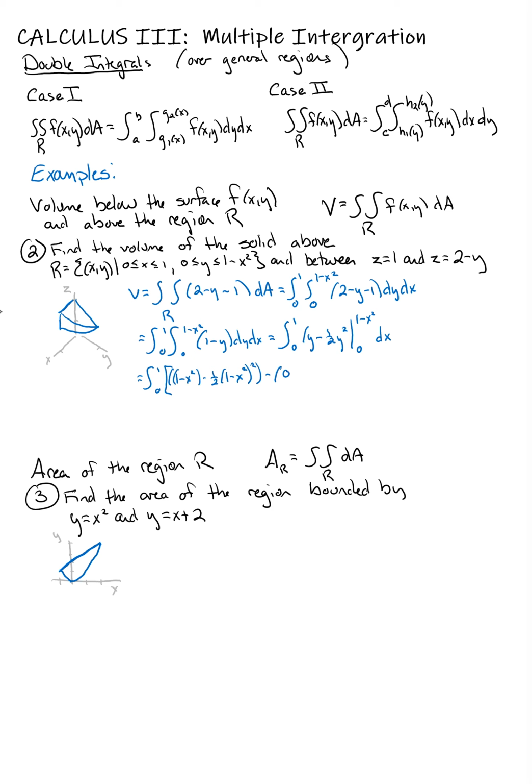That's going to be 0 minus 1 minus 1/2. No, actually, I guess I don't need to do all of those. There we go. Minus 0 minus 1/2 times 0 squared.